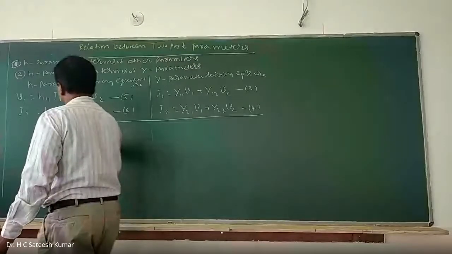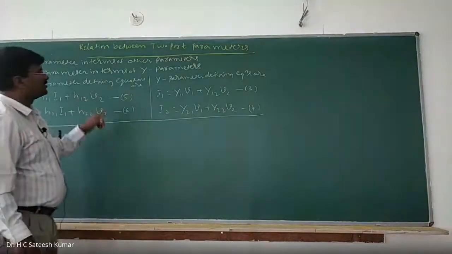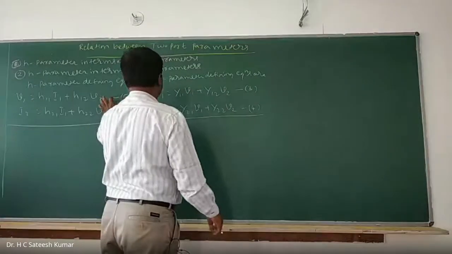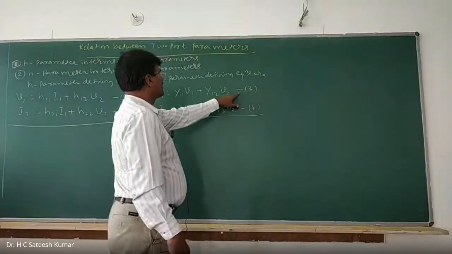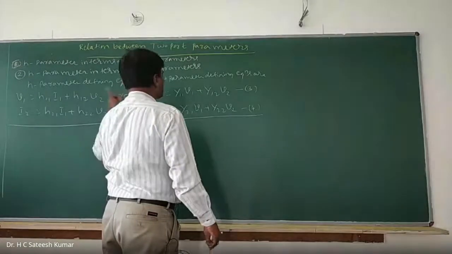Now once again, by shuffling, we can compare with this format. We have V1, I1, V2 in the first one and the fifth one. That means the third equation and the fifth equation. Shuffle this one to get this format. We want V1 on the left hand side.